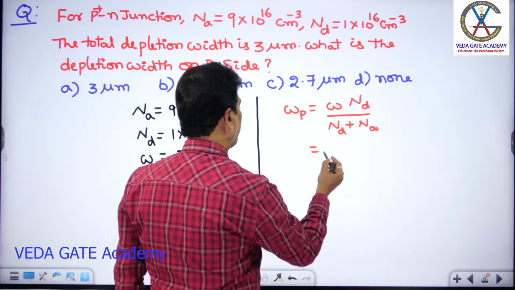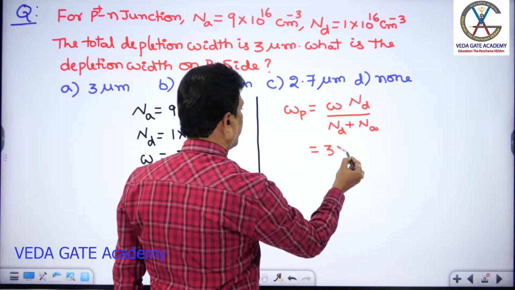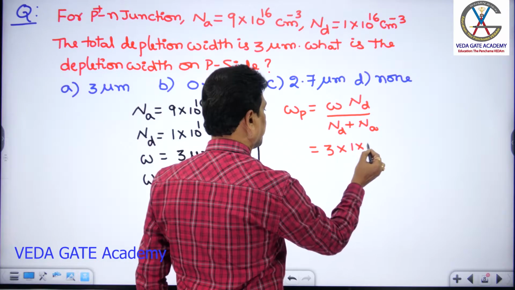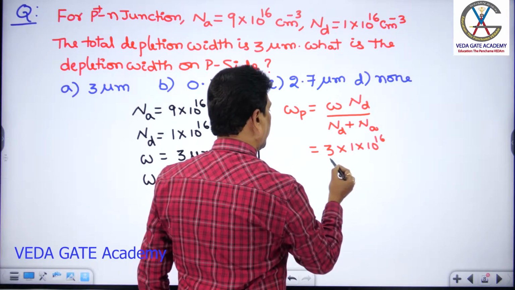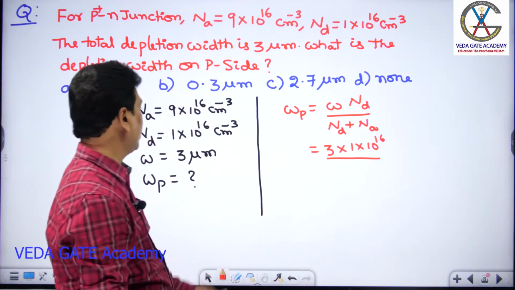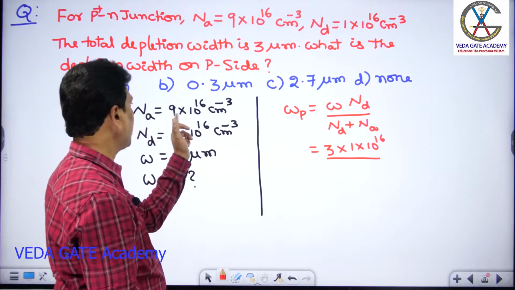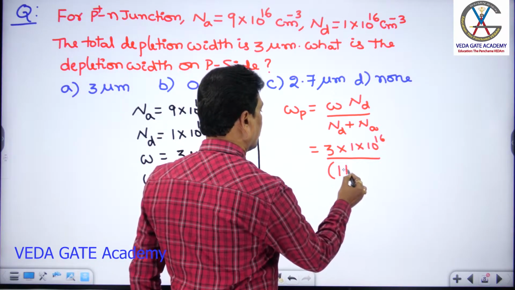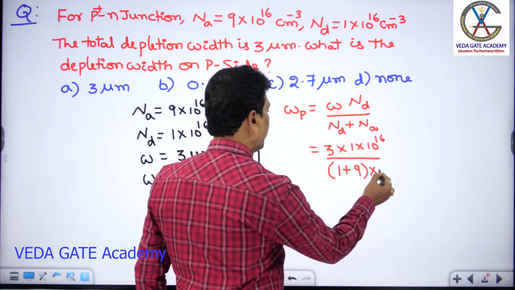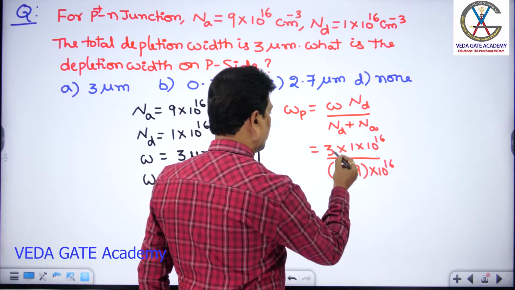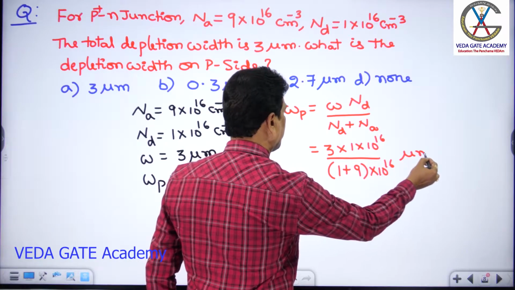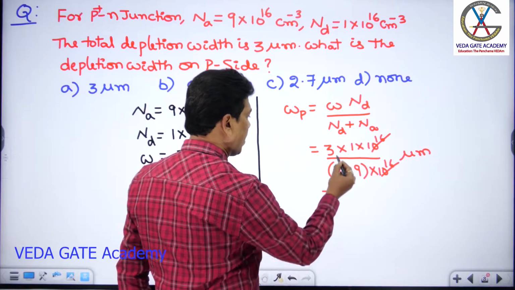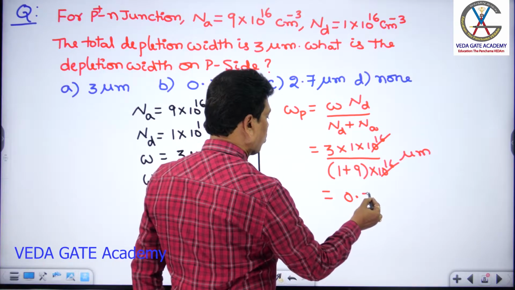W is 3, ND is 1 into 10 power 16, divided by ND plus NA, where ND is 1 into 10 power 16 and NA is 9 into 10 power 16. Taking 10 power 16 common, that is 1 plus 9 into 10 power 16. The result should be in micrometer. So 10 power 16 cancels out, and 3 by 10 becomes 0.3 micrometer.